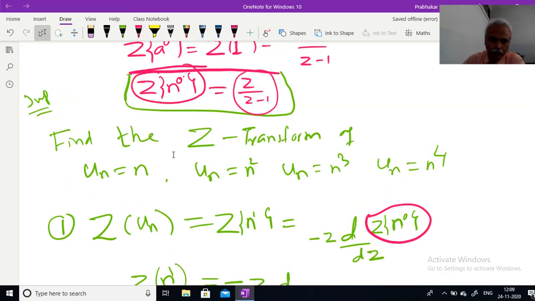Z transform of n raised to 0, just in the previous step we found. Here it is. You substitute this here: z by z minus 1.